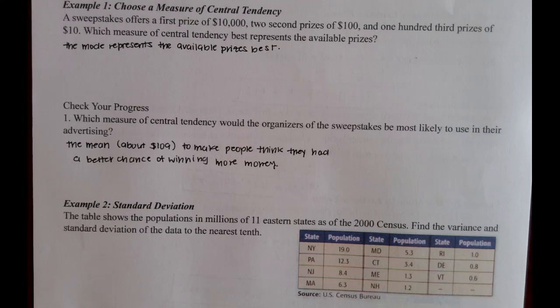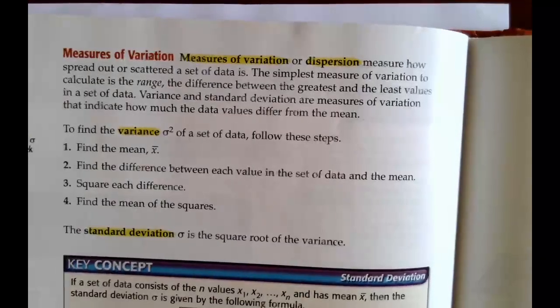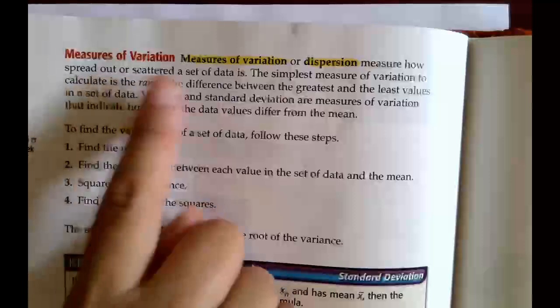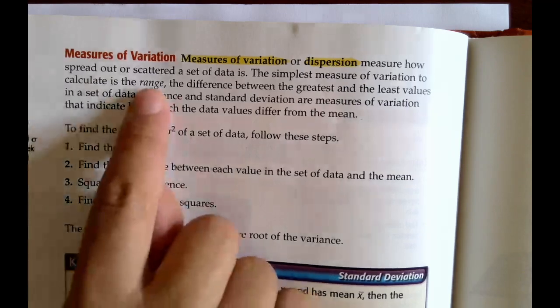Okay. Before we get to our next and last example, which will be new to us on standard deviation, let's talk about some definitions. Okay. So measure of central tendency kind of talks about the center or the middle of the data, but measures of variation or dispersion measure how spread out or scattered a set of data is, right? The simplest measure of variation that we use, which you've done before in previous math classes, is range, right?